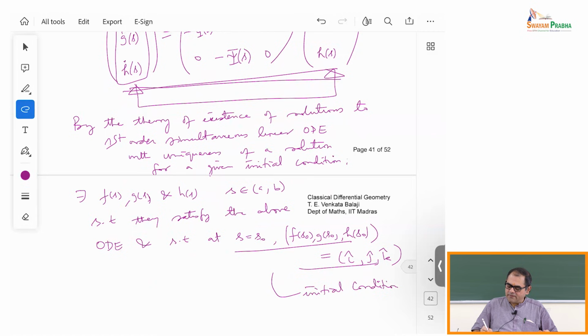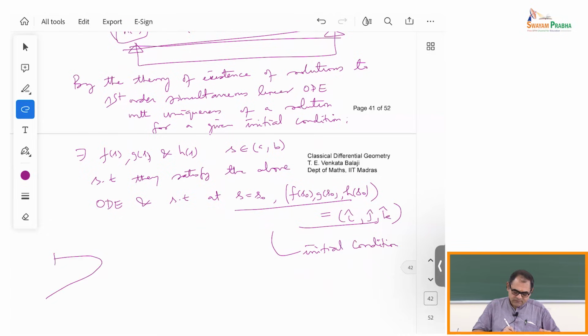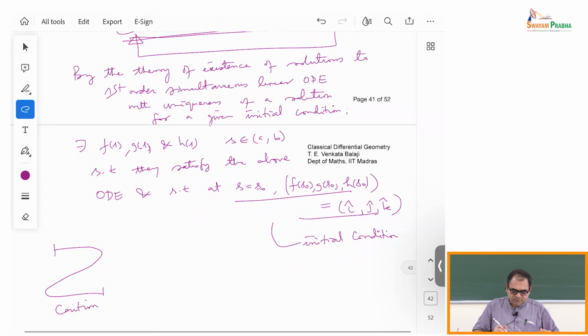So I will just put a caution here. The caution is it is not immediately clear that F(s), G(s), H(s) is always an orthonormal frame for every s. So I will put this caution, with the dangerous bend symbol.